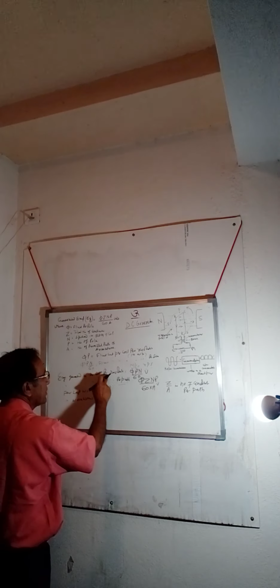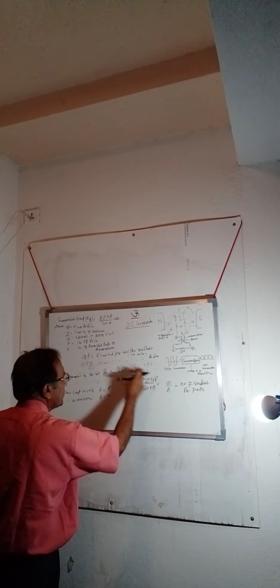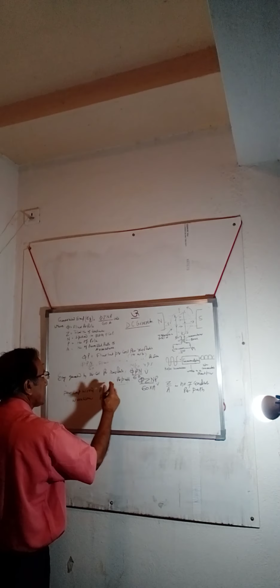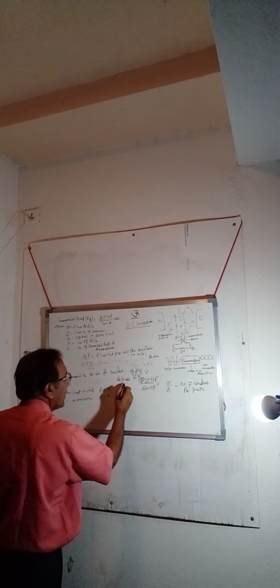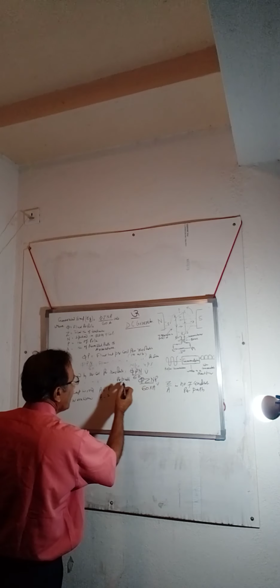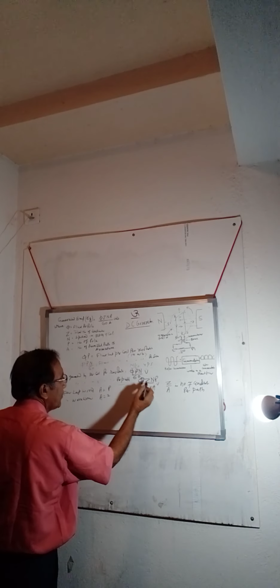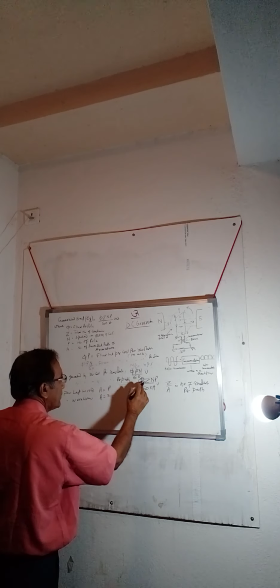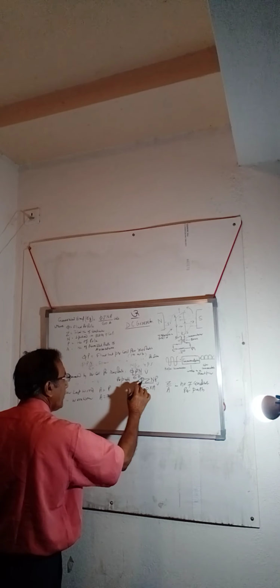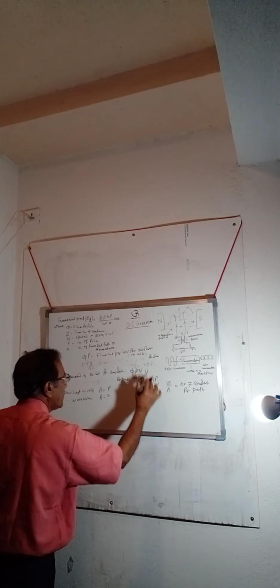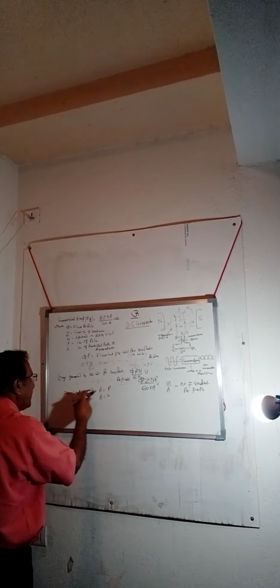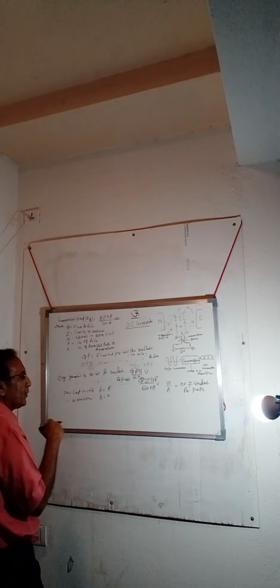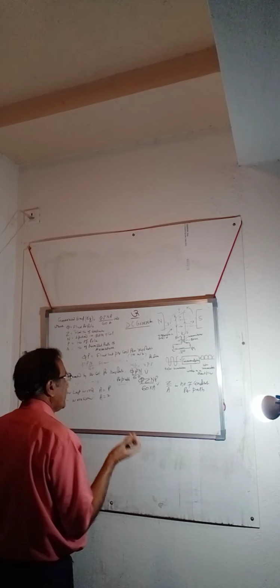The EMF generated is ZPN by 60 volt. Now per path we will multiply by Z by A, which is the total number of conductors per path. When we multiply by Z by A, it gives the voltage generated per path, or the voltage generated by the DC generator.